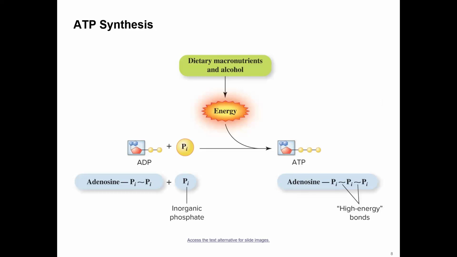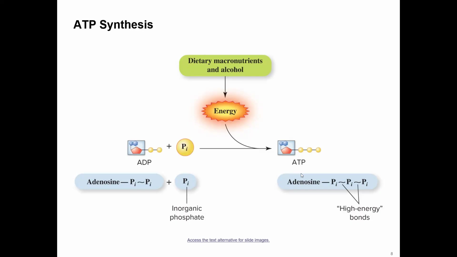So this is kind of explained here in the little figure, right? All these dietary nutrients, our carbs and our lipids and fats, proteins, amino acids. This is energy, but the energy here is used to convert ADP. Remember, this is diphosphate. You're adding on this inorganic phosphate here to this molecule, and that creates a high energy molecule.